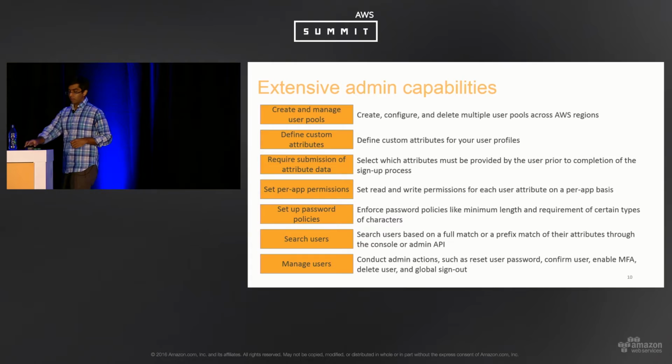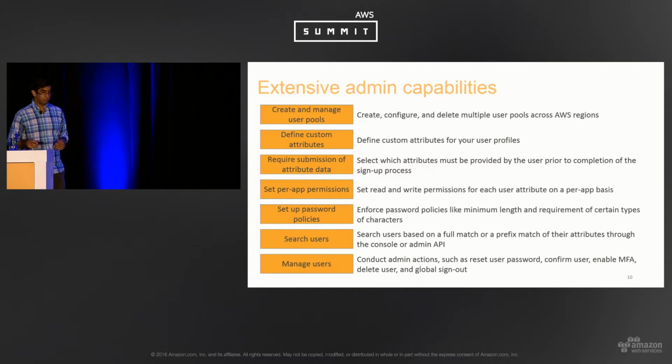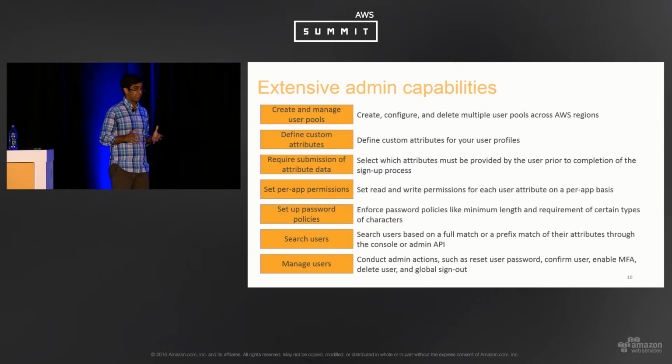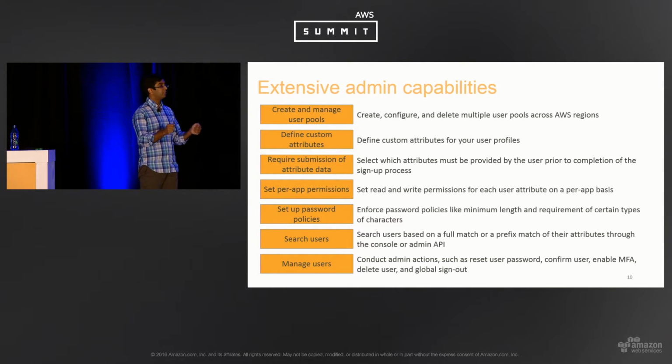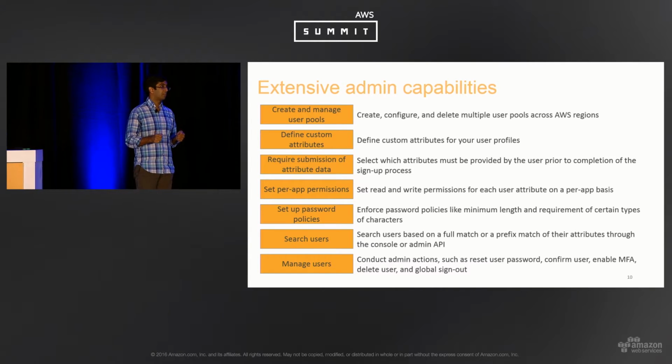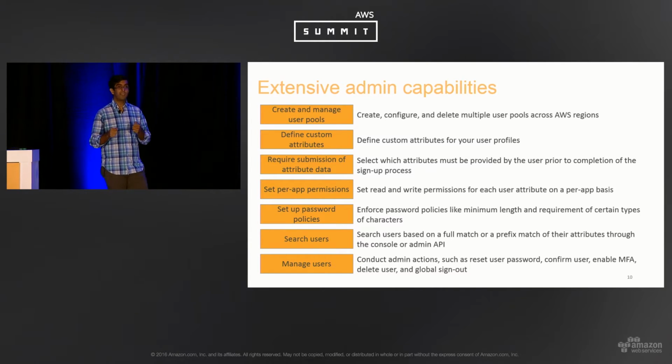So moving on, one of the other features that we launched as part of the GA was this remembered device feature. Where this originated was that we heard feedback from developers along the lines of, how do I reduce friction for my users in the context of multi-factor authentication? My users have to input the second factor challenge on every single sign-in event, and I want to reduce that friction.